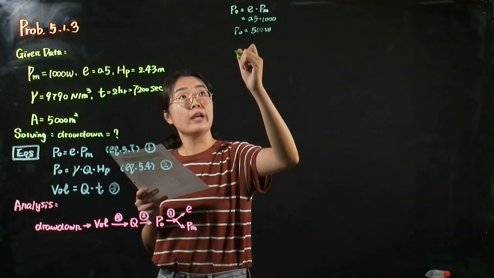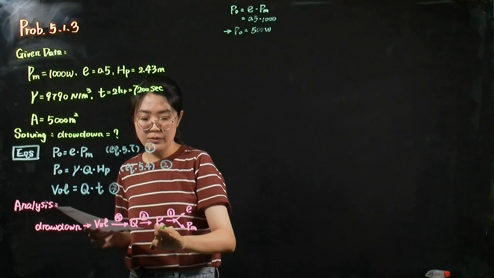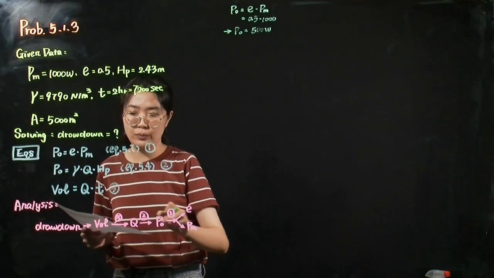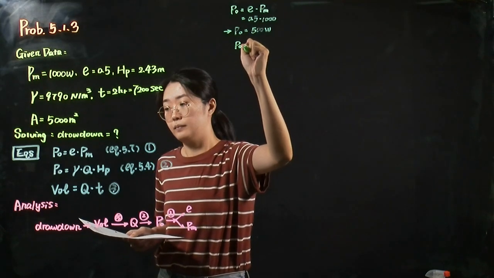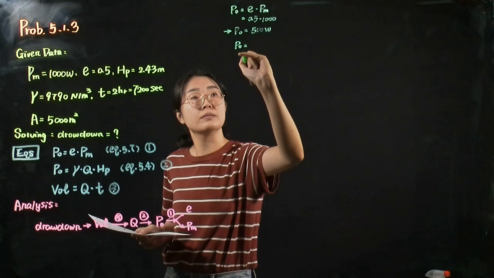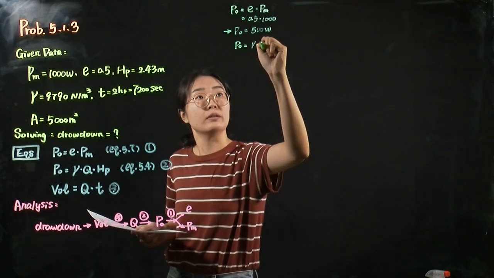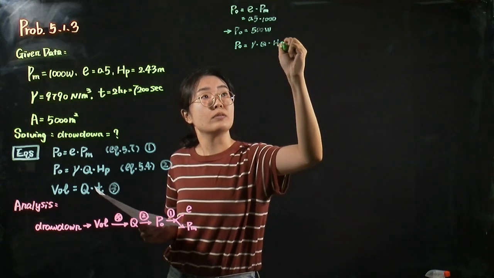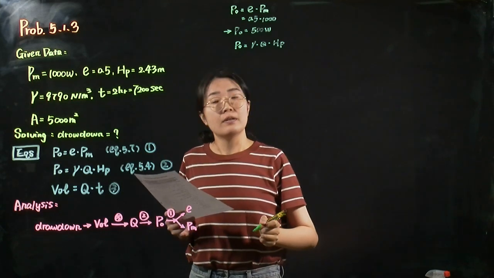And the next step is to calculate the flow rate based on equation 2. The output power equals the specific weight of water times the flow rate times the total head of the pump.